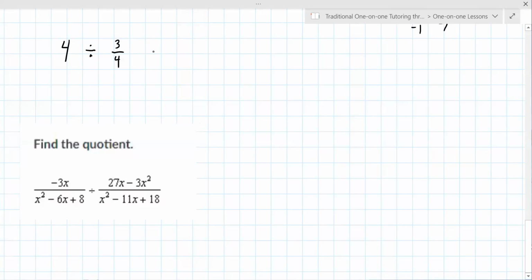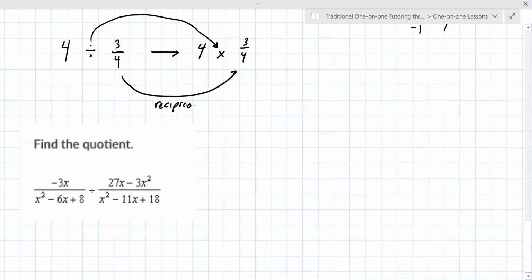And you would say, oh, it's 4 times 3/4. You knew to change this division into multiplication, and then you switched reciprocal or flip. You knew to flip those.